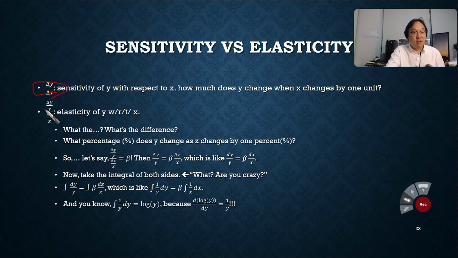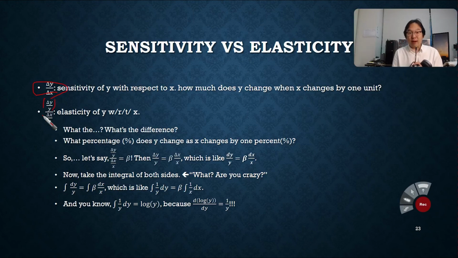Your numerator is not delta y, but delta y over y. And then your denominator has not delta x, but delta x over x. More complicated.